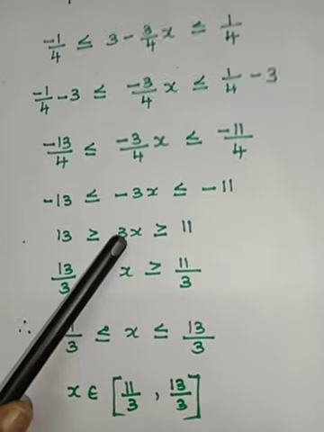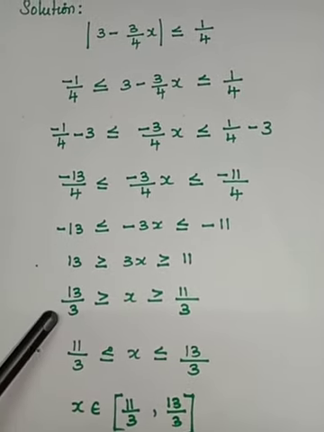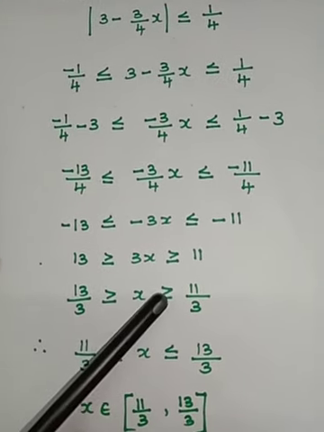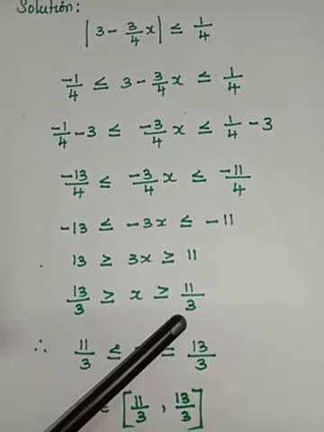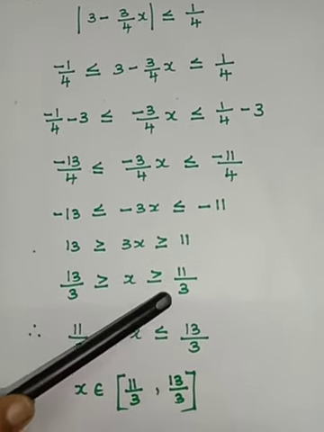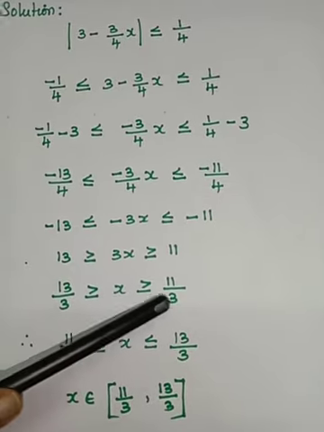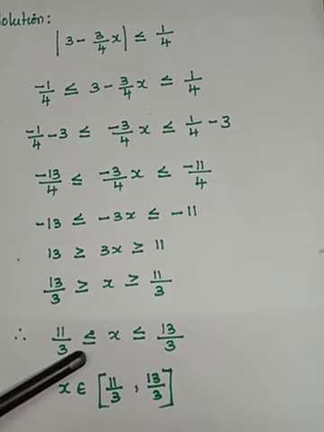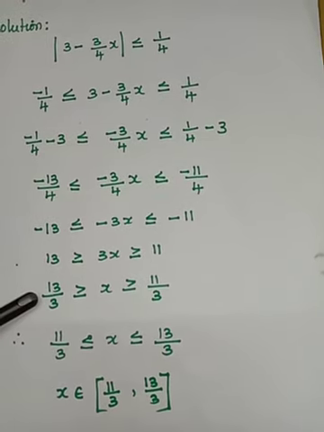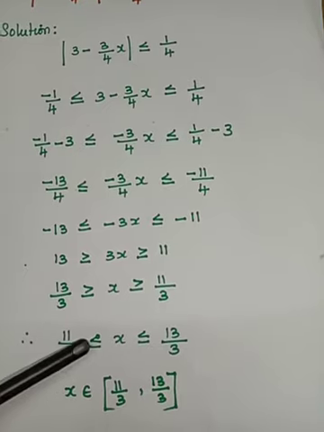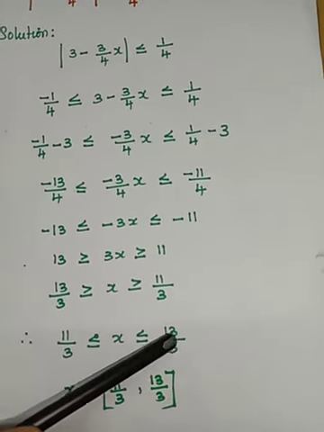So in this, 3 has to be taken to the other side, in the denominator. 13 by 3 is greater than or equal to x greater than or equal to 11 by 3. Okay, starting from the smaller number. So what is it? 11 by 3. So the sharp end is towards 11 by 3. So here also I have written the same thing. Both are the same. Here I started from 13 by 3, here I started from 11 by 3. So 11 by 3 less than or equal to x less than or equal to 13 by 3.